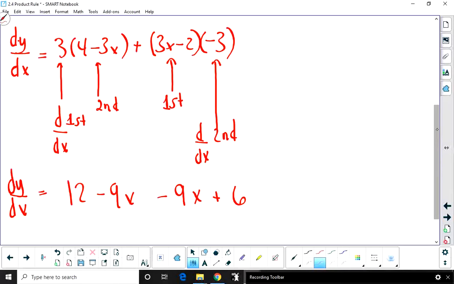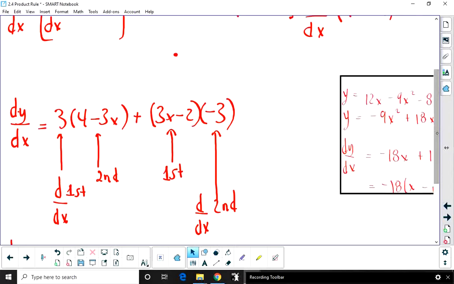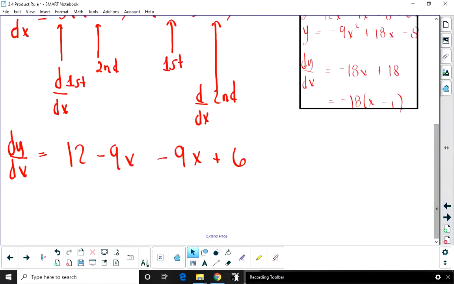And it doesn't take a PhD in math to realize that you're going to get the same thing. Right? Negative 9x and negative 9x is negative 18x, and then you have 18. So that's the answer. Negative 18x plus 18, or 18 times 1 minus x, or negative 18 times x minus 1. Lots of ways to write it. Questions with number 1?